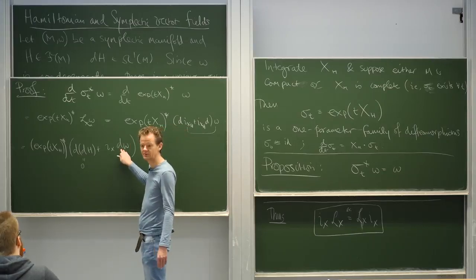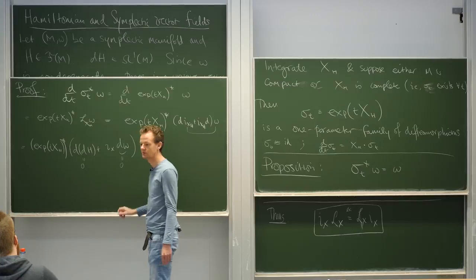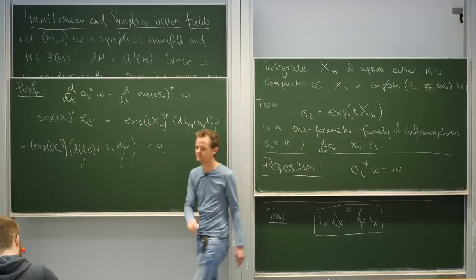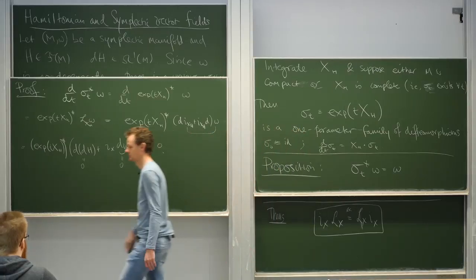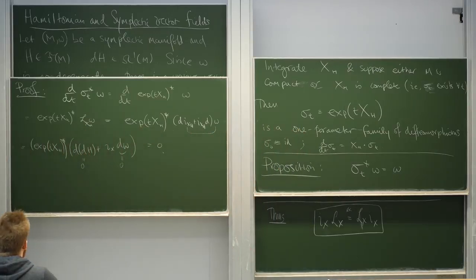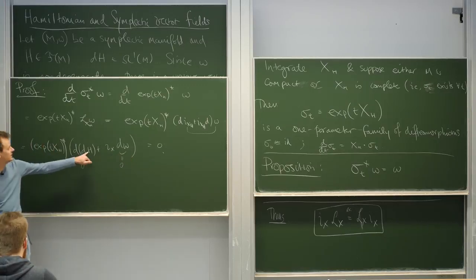The very definition of symplectic manifold includes in it that omega is closed, or in other words, it's equal to 0. So this is 0. So see how, for this proof, we use two facts. We use the closedness of omega, and we used the definition of the vector field XH.